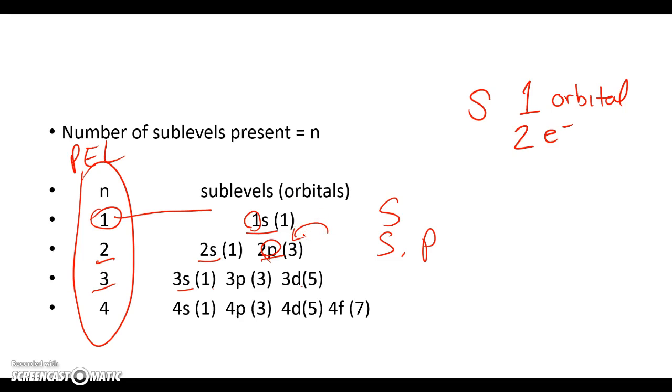Each of those can hold 2 electrons of opposite spins. So a p sublevel can hold 6 electrons. A d sublevel has 5 orbitals and it can hold 10 electrons. An f sublevel has 7 orbitals and can hold 14 electrons.